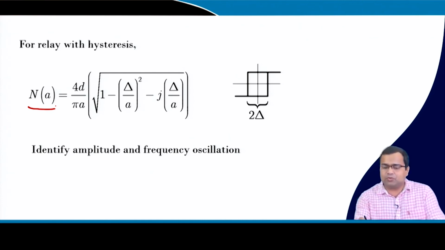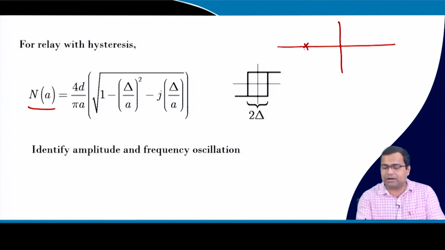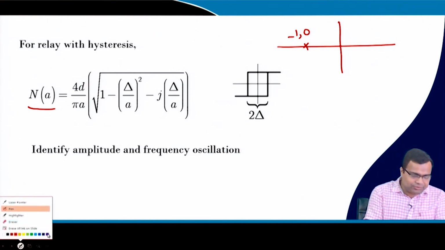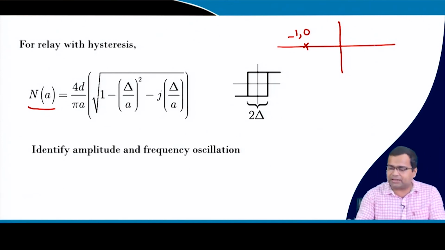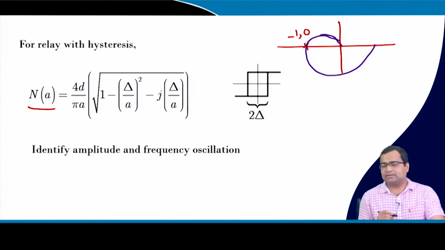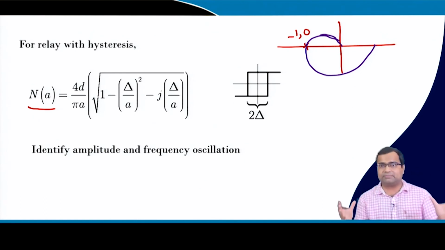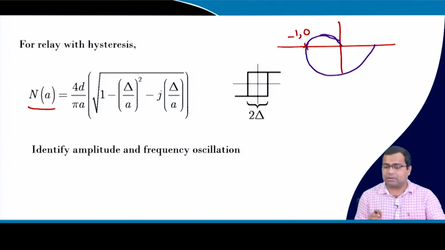We know that in the Nyquist stability criteria, there is a -1 point, and if we take any linear transfer function and it intersects like this, then this is the critical point. If it does not encircle it, and there is no unstable pole, then the system will be stable. But if it encircles it, when the open loop does not have any unstable pole, then it will be unstable.